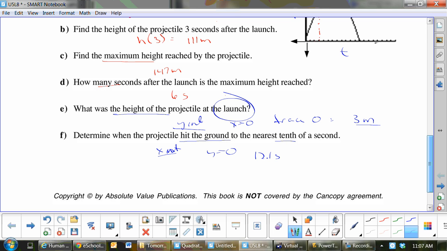12.1 seconds. Now, I could also ask you, at what point was it 9 meters above the ground? How would you find that? At what point was it 9 meters above the ground? You just go along with the little spider till it said 9 in the Y? How do you do it? Okay, let's try that.